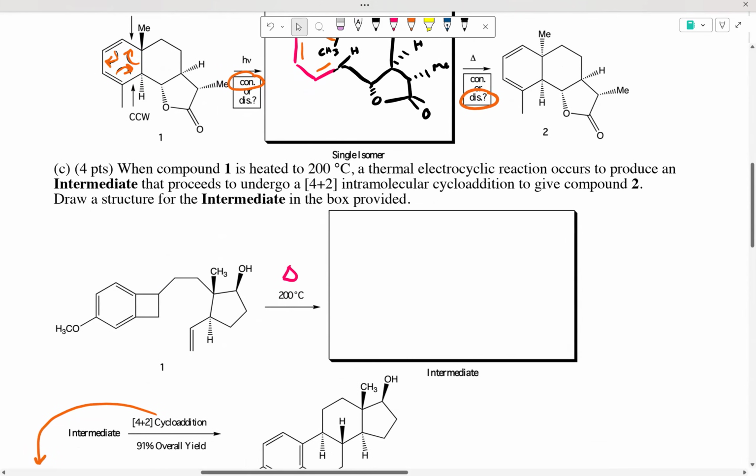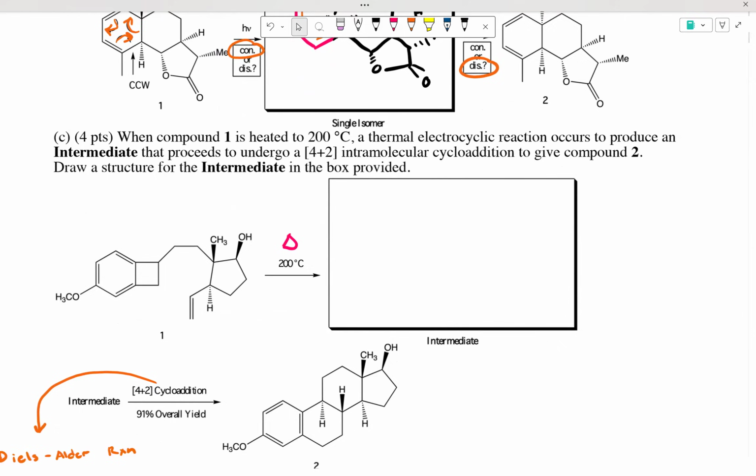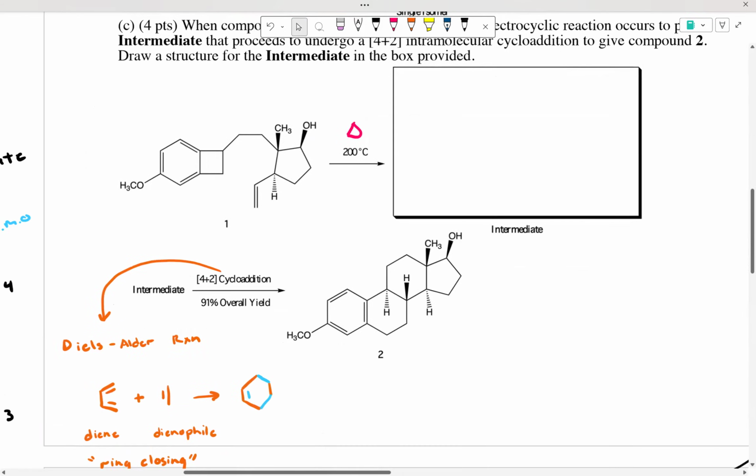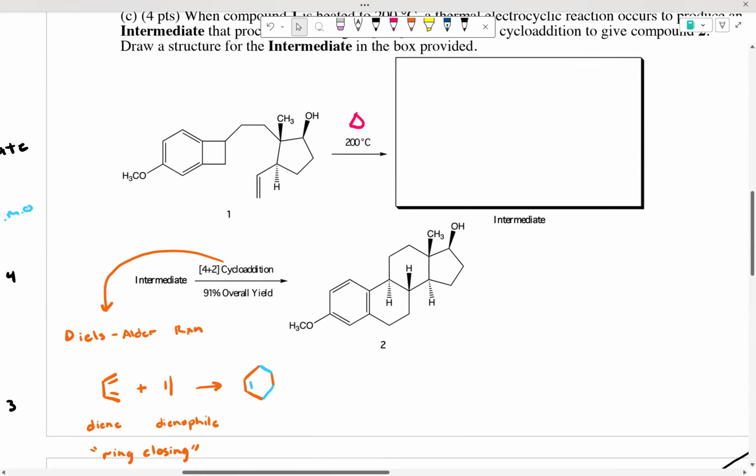Draw the intermediate. It says a thermocyclic reaction to produce an intermediate that proceeds to a 4 plus 2 intramolecular cycloaddition. I think the first thing to recognize is that we're working with heat, and then we are also working with a 4 plus 2 cycloaddition, which means a Diels-Alder reaction.